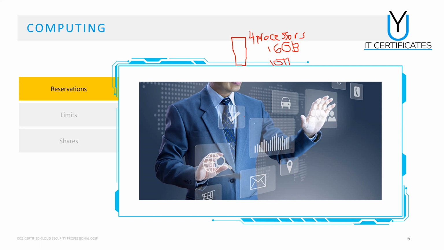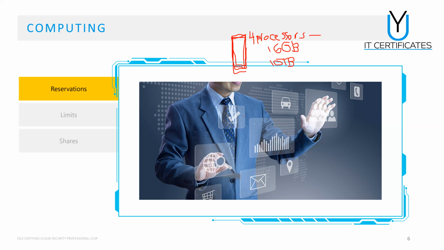This server is great and it can handle my operations. But for some reason, the cloud service provider says that he may not be able to provide all these settings.